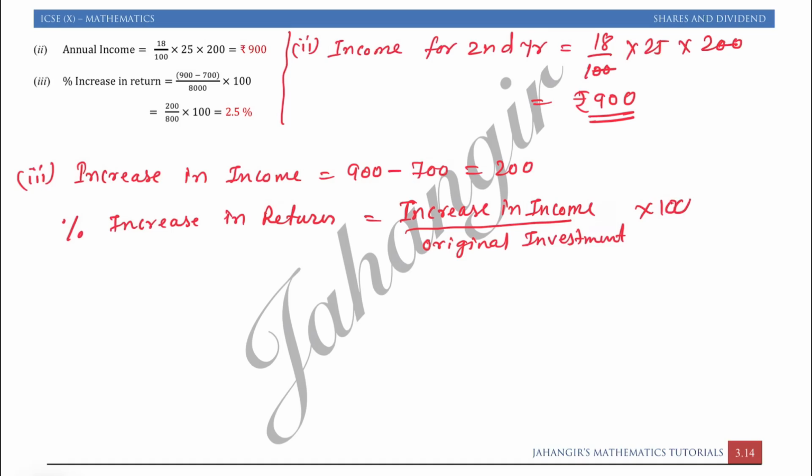So the increase in income is 200 upon original investment 8,000 into 100. So three zeros will get cancelled. 20 upon 8 is 2.5%.